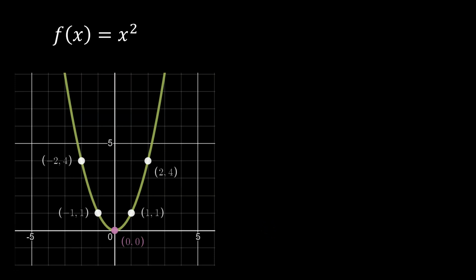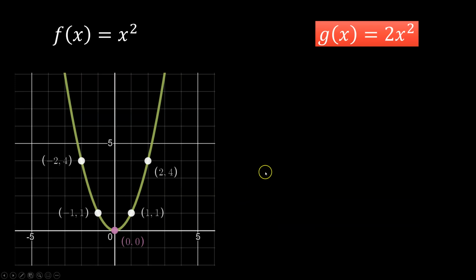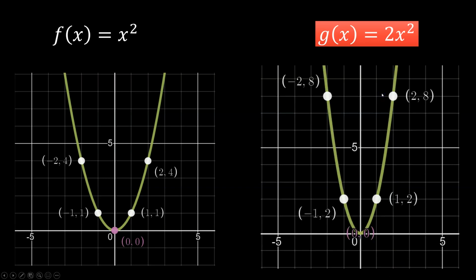And we want to see what happens if we have the function g of x is equal to 2 times x squared. I went ahead and grabbed decimals. And here is the graph of 2x squared.